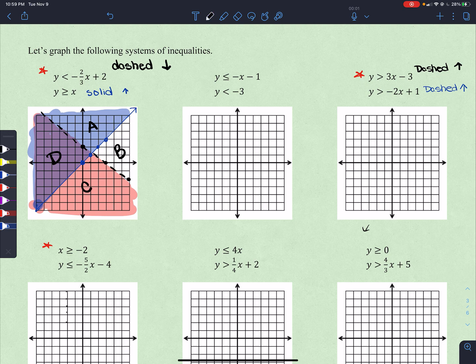So starting at negative 3, and we're going to go up 3 over 1, up 3 over 1. Okay. Draw a dashed line through those points. And we are going to shade above that one.